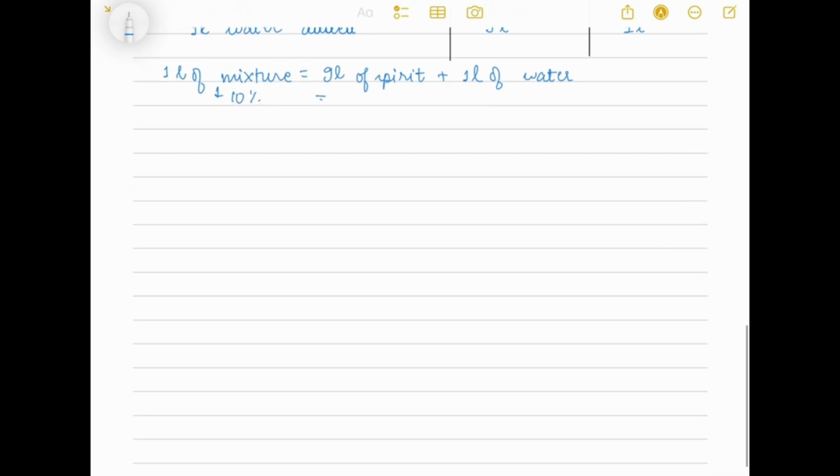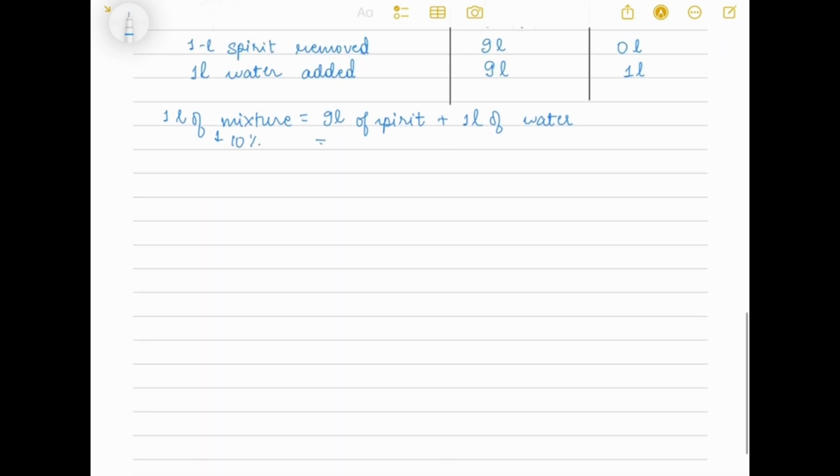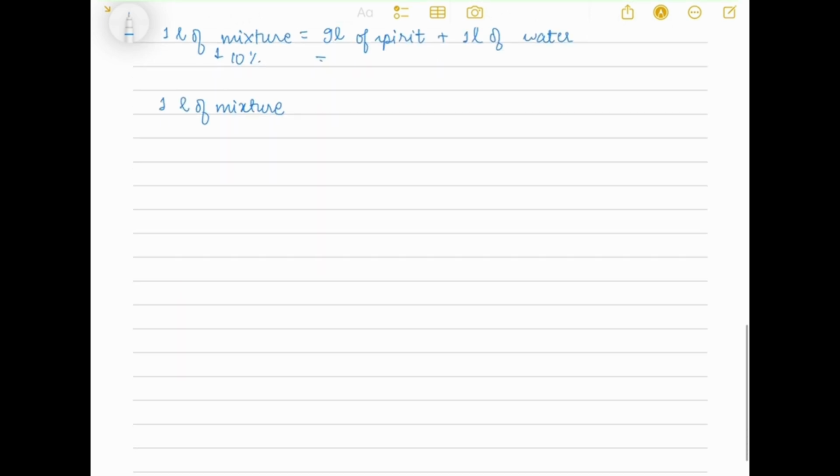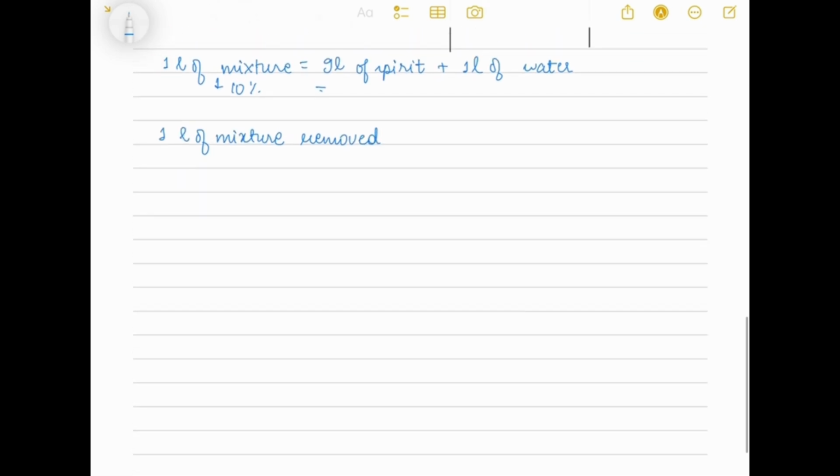So when 1 liter of mixture is removed, it means we are removing 0.9 liter of spirit and 0.1 liter of water.